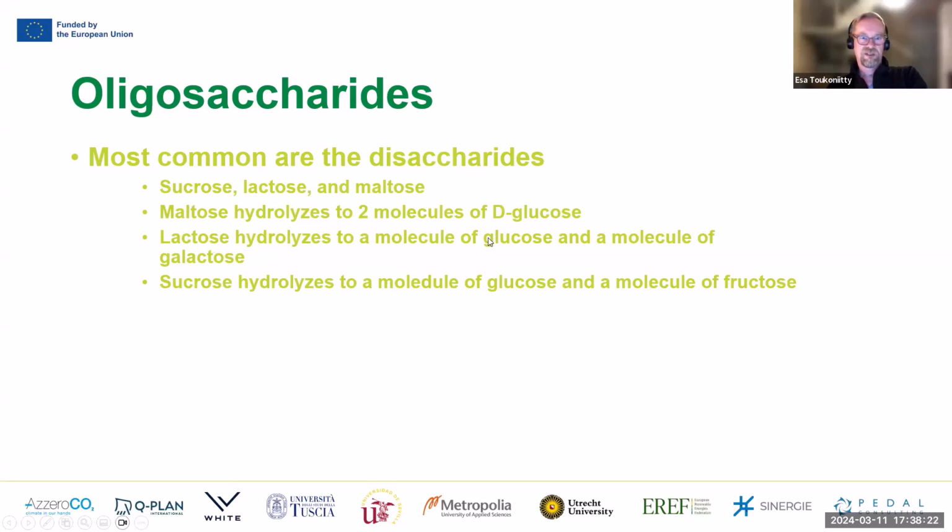Lactose is broken into glucose and galactose, and sucrose forms glucose and fructose. Quite many of these names are probably common to you: lactose from everyday life, sucrose, fructose, glucose. These are all different sugars.